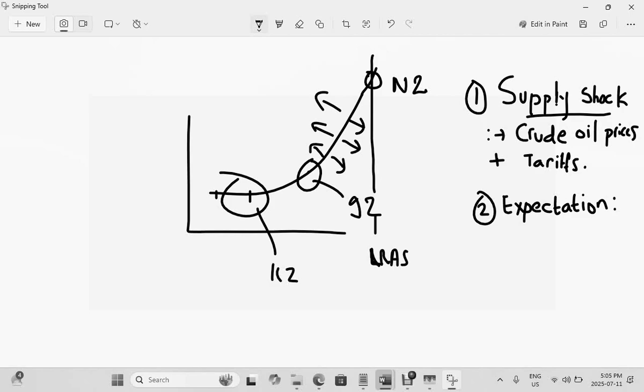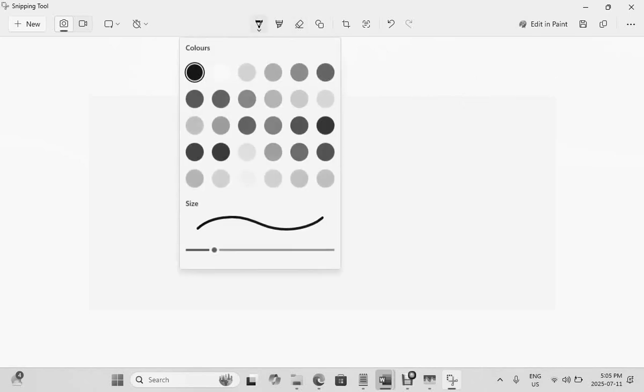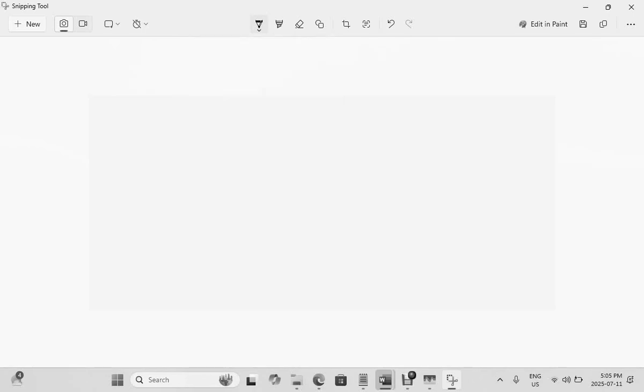All right, now apart from these two, we also need to talk about the contractionary and expansionary fiscal policies. The reason why they are important is because we talked about the expenditure multiplier, which is used to figure out the effectiveness of the policy.